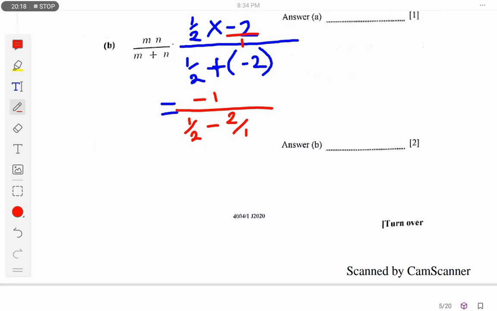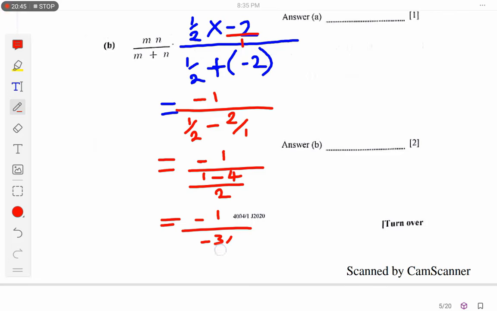So I can simplify like what we did earlier, and this is equal to minus 1 over 2, then here I have 1 minus 4. So this is going to give me minus 1 over minus 3 over 2.